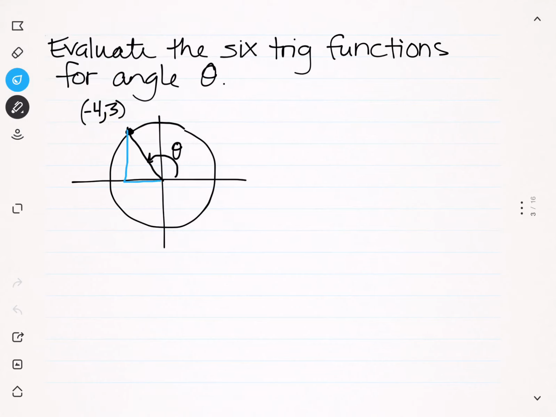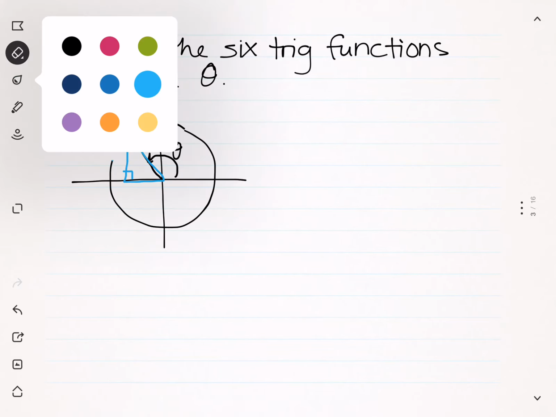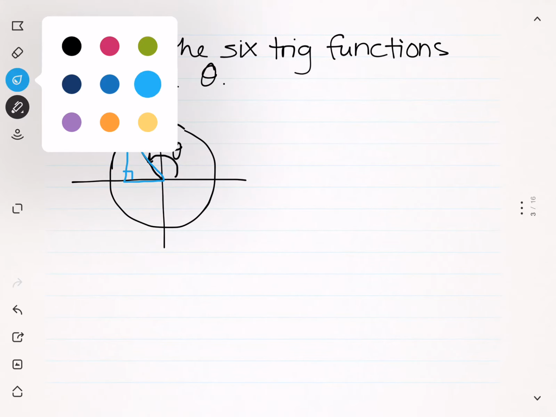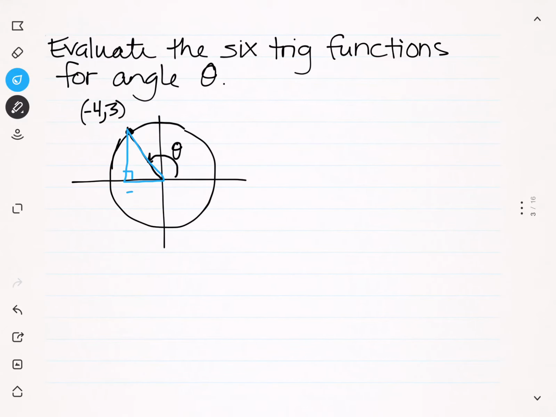And we know that the y value is -4. Oops, sorry, that's actually the x value. I'm labeling it as the y value. Let's change that. So the x value is -4. That's the bottom horizontal distance. The y value is +3.